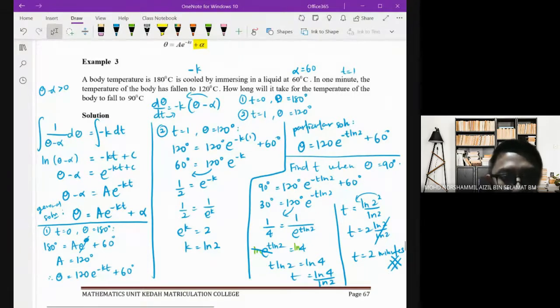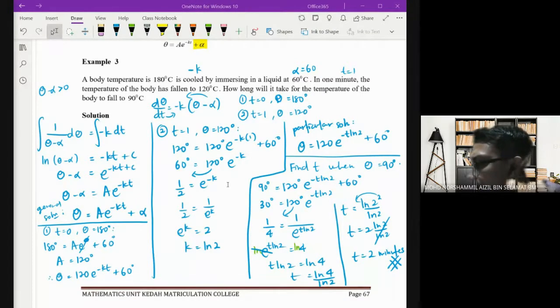Is that okay? It's a bit difficult, a bit long, and the space is smaller. Is it okay? Any question you want to ask?